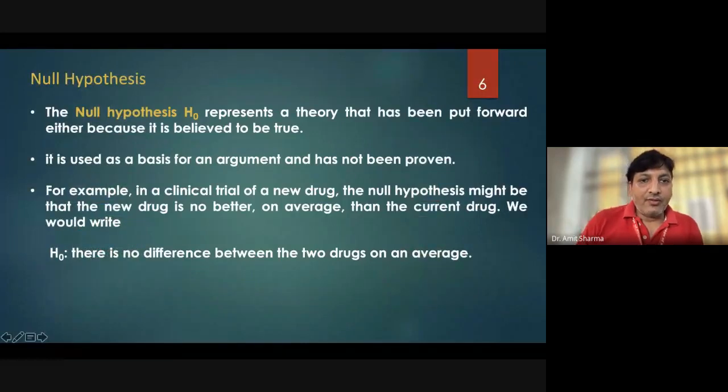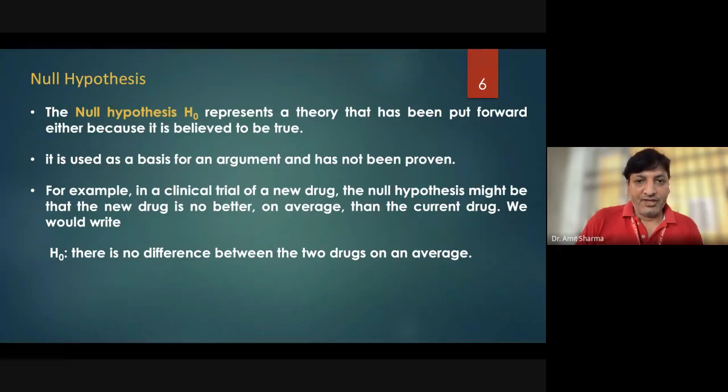Now, from the examination point of view, if we want to write what the difference is between the null hypothesis and alternative hypothesis, we can say the null hypothesis H naught represents a theory that has been put forward either because it is believed to be true. A researcher always thinks that whatever he is going to quote is true.